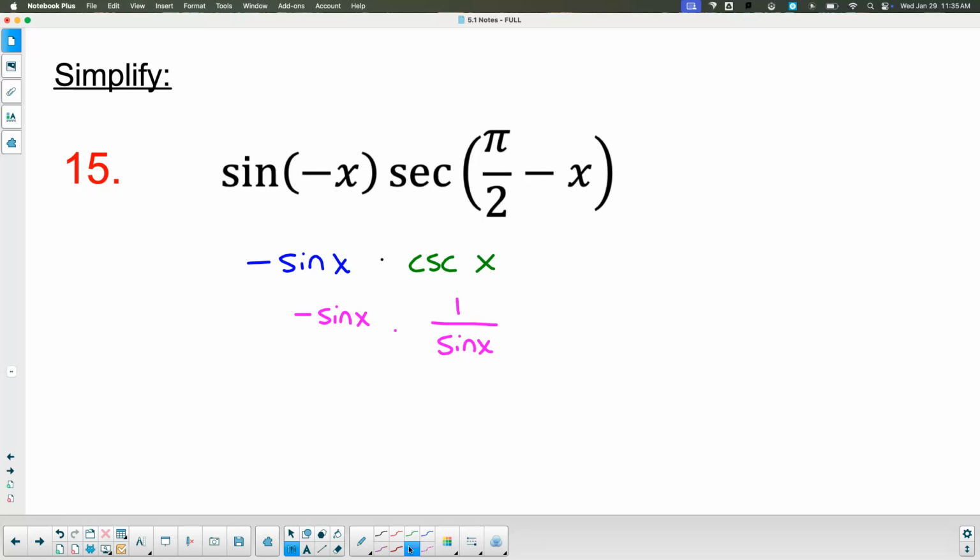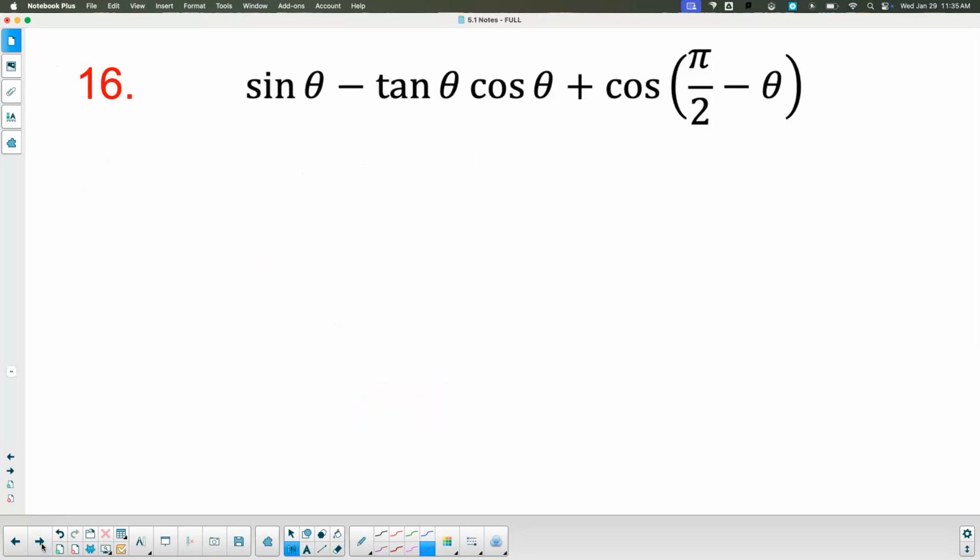Times negative 1 is negative 1. Okay. You try that one.